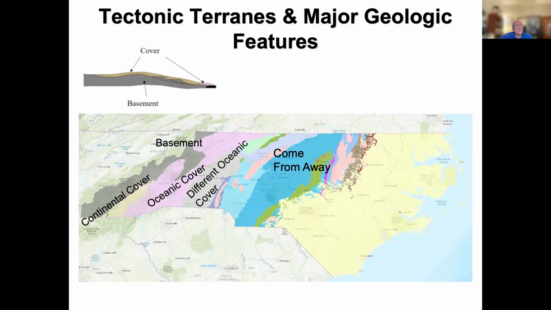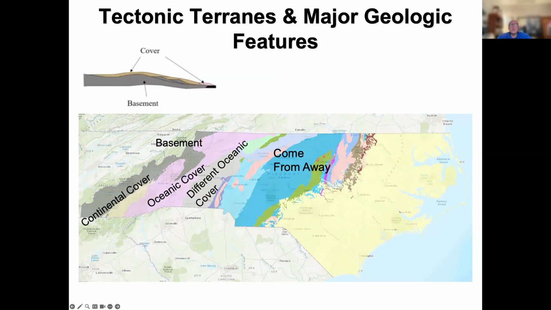So we've got continental cover and oceanic cover. All right. Now that we've covered that, we can go down and look at this diagram of North Carolina. And you can see I've got continental cover as part of the really far western Blue Ridge moving into Tennessee and the Smokies.